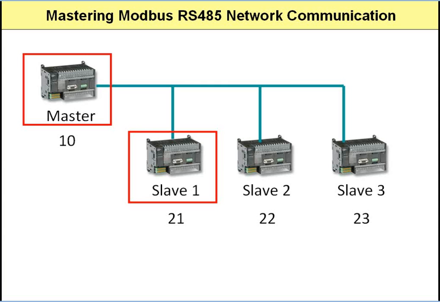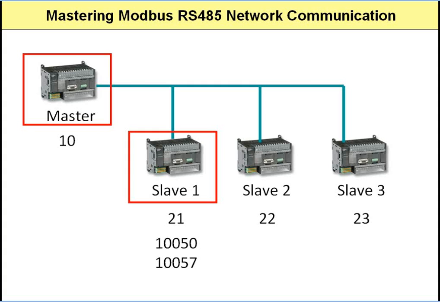Great. As you can see, the address of Modbus slave, that's slave 1, is 21. The memory addresses of the memory blocks that are to be read are 10,050 and 10,057.